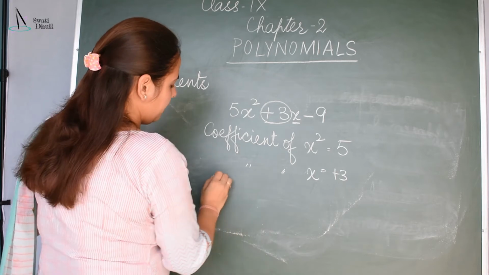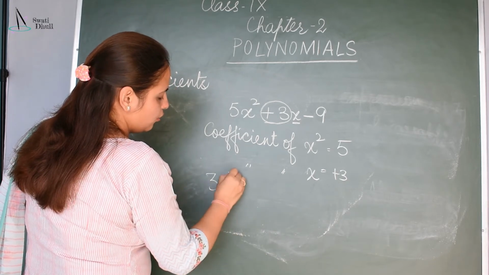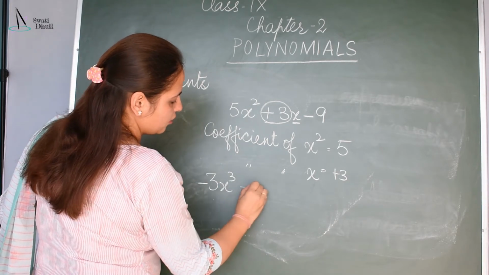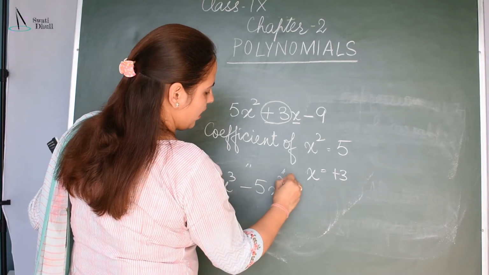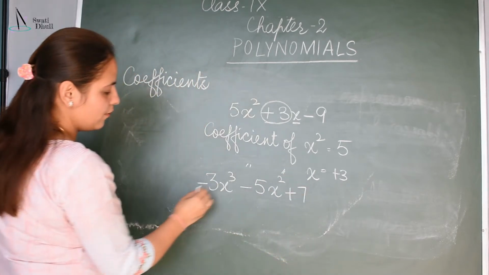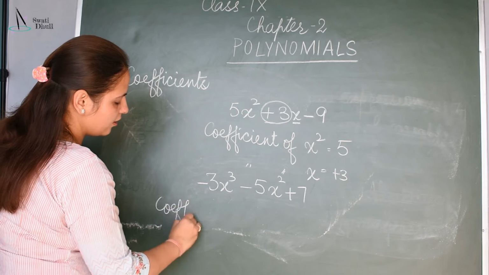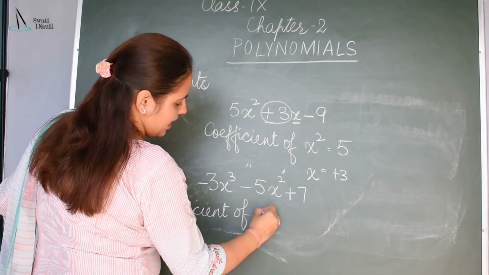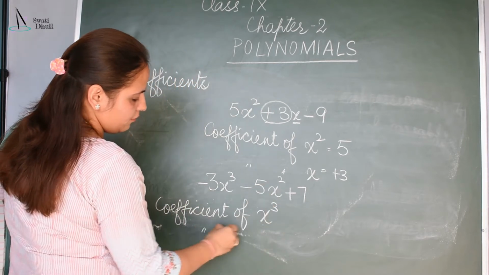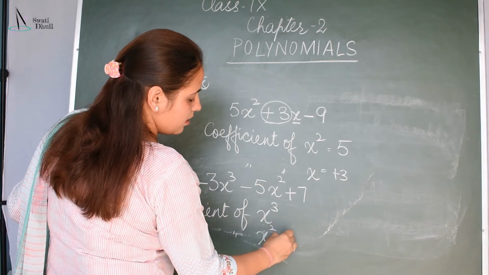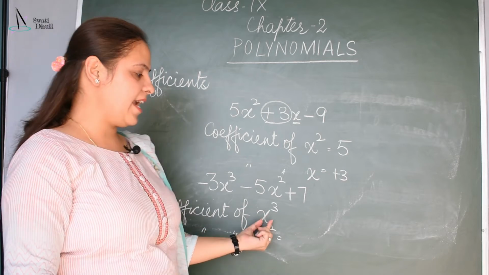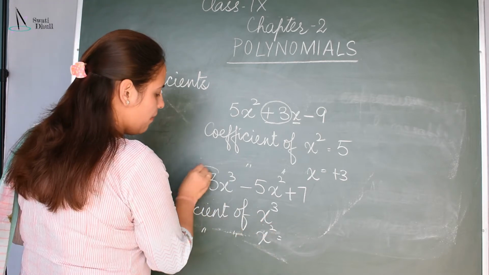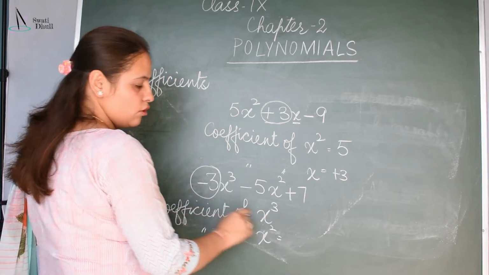If I say minus 3x cube minus 5x square plus 7, now you have to tell here the coefficient of x cube and the coefficient of x square. So the coefficient of x cube here is minus 3 because the minus sign is also here.